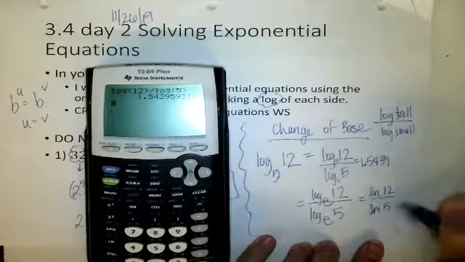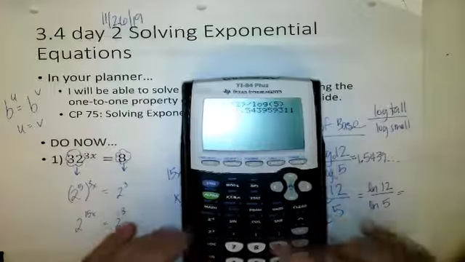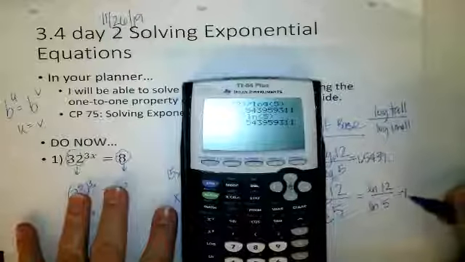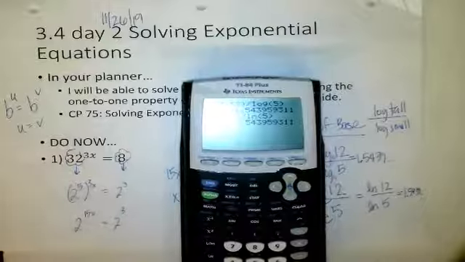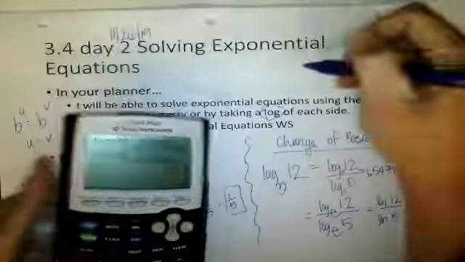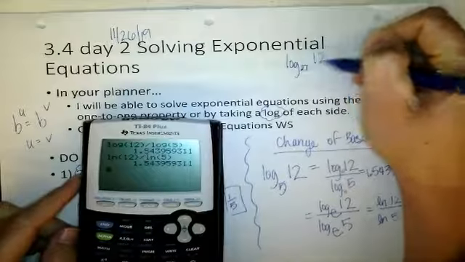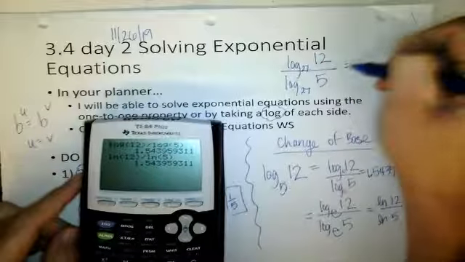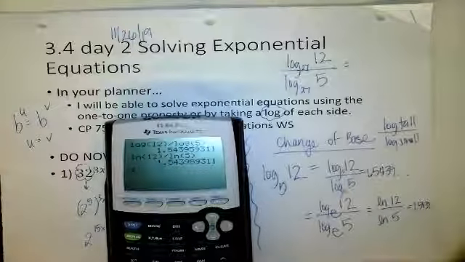So natural log of 12 divided by natural log of 5 is also 1.5439, which is kind of interesting. It is also true that I could write log base 27 of 12 over log base 27 of 5, and that still would give me the same answer.